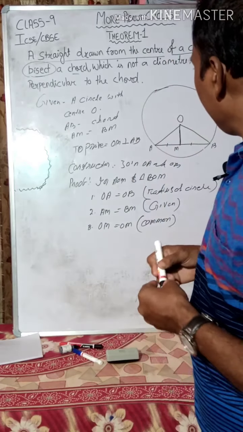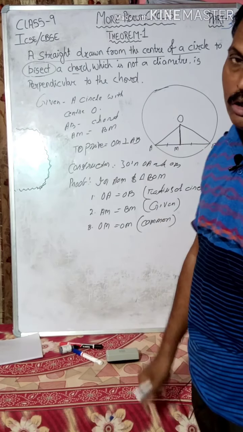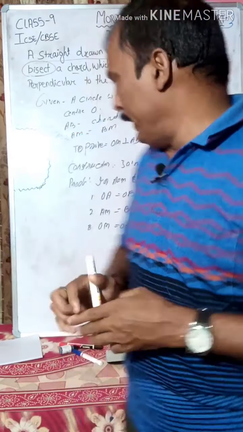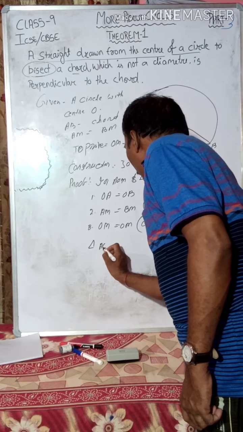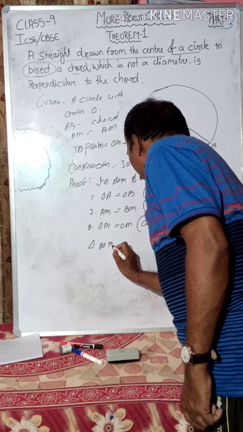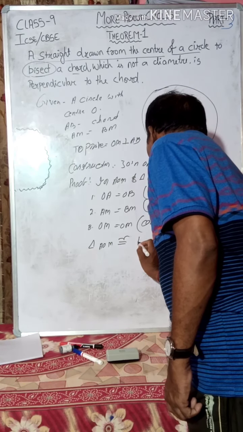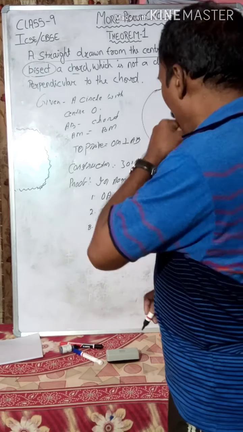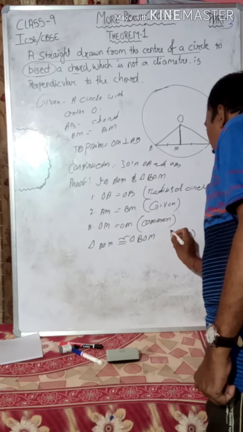So we know that if three sides of one triangle are equal to the three sides of the other triangle, then the two triangles are said to be congruent. So triangle AOM is congruent to triangle BOM, by SSS. Very easy.